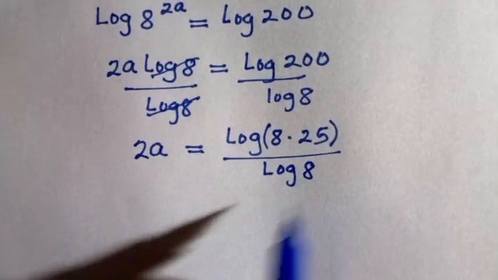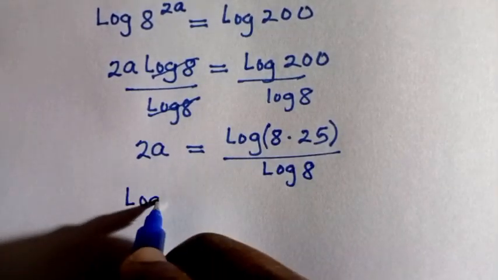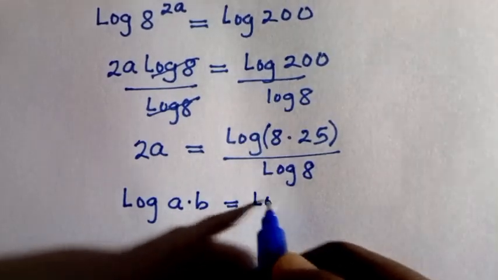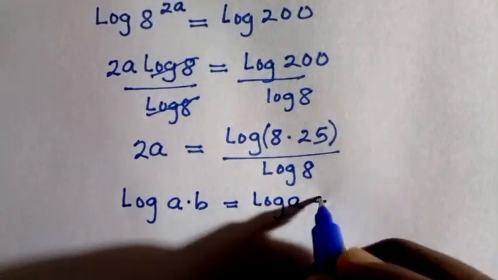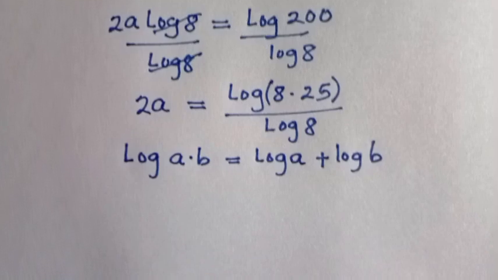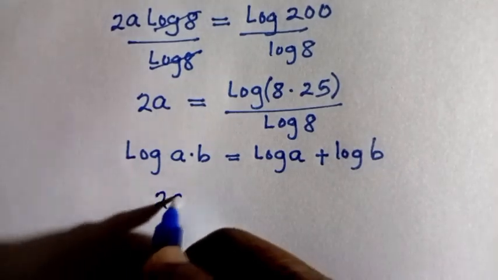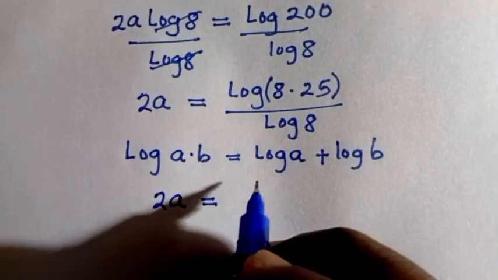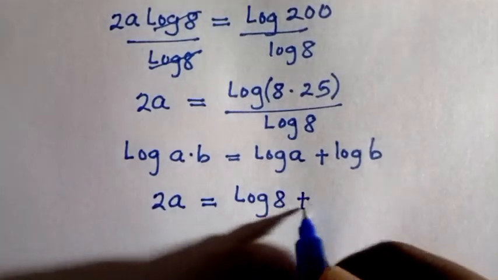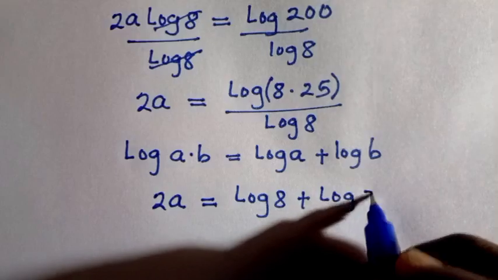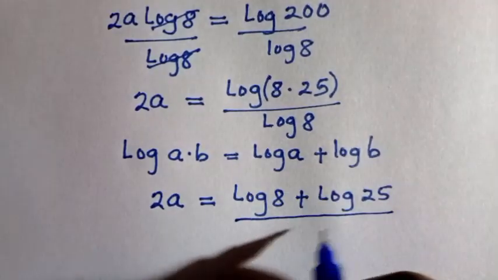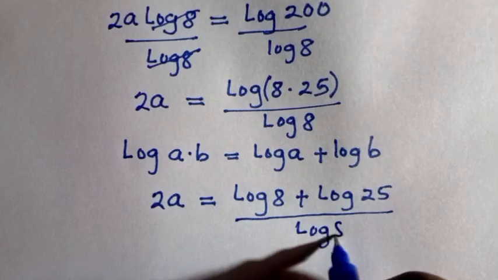Then by the rule of logarithm, log a multiplied by b equals log a plus log b. From here we have 2a equals log 8 plus log 25, divided by log 8.